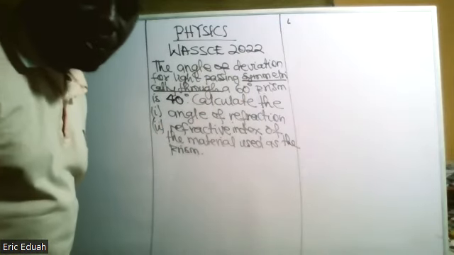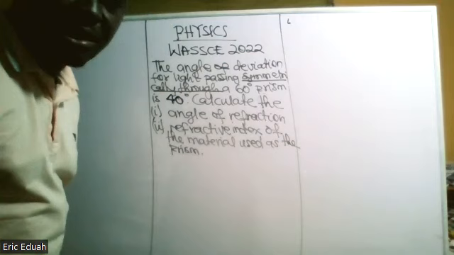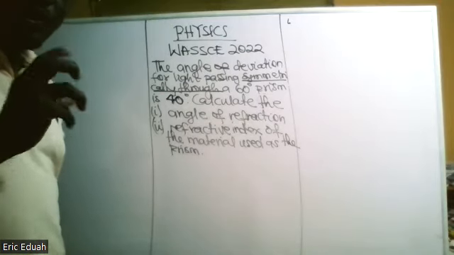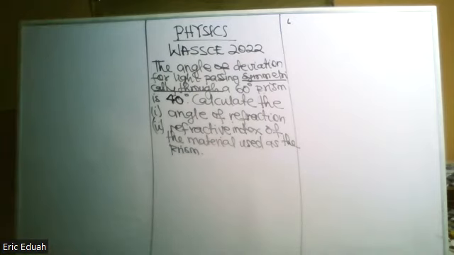What can we deduce from this statement, that the light passes through the prism symmetrically? Akovala, what can you deduce from that statement?